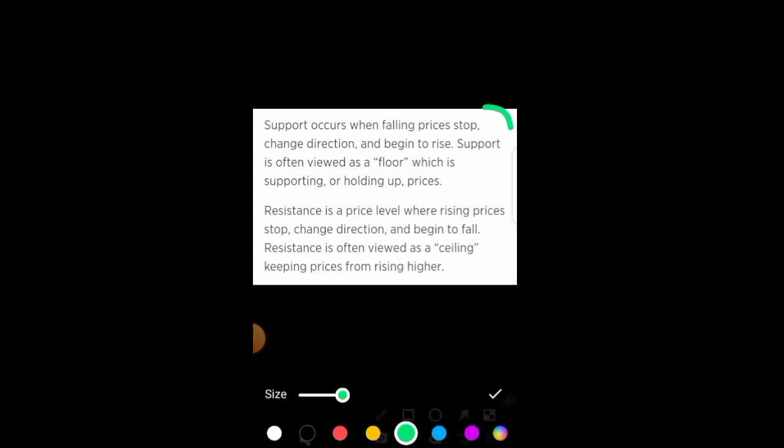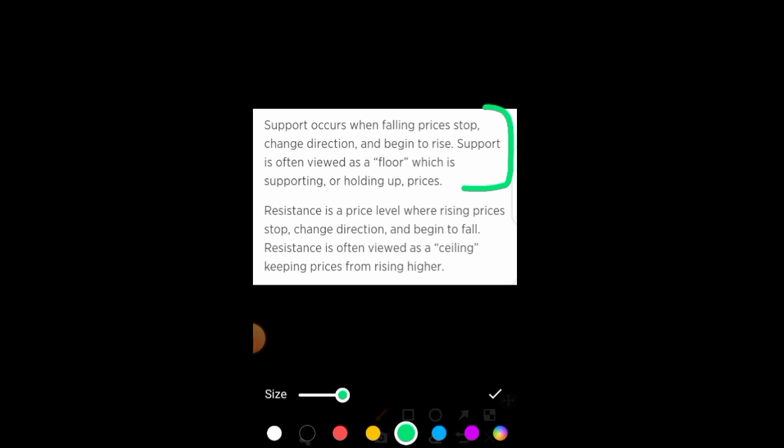In layman's terms, what is a support? They said support occurs when price, oh my god, I've made a mistake. All right, so what is a support? And this is what we got.